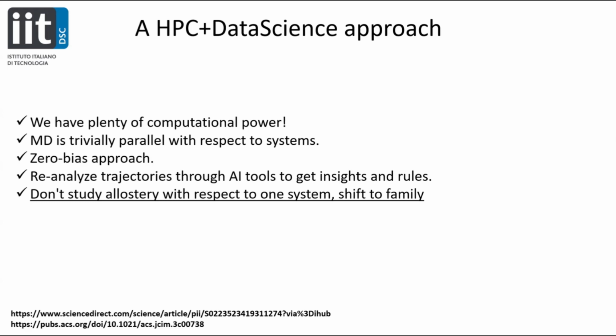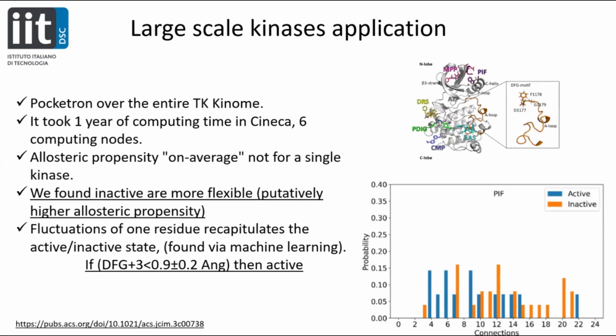And then once you have this atlas of pockets we built, you can actually try to understand what is in common between all these pockets. So don't study allostery in one system, try to study an entire family. And what we obtained here, it was the entire kinome of tyrosine kinases.